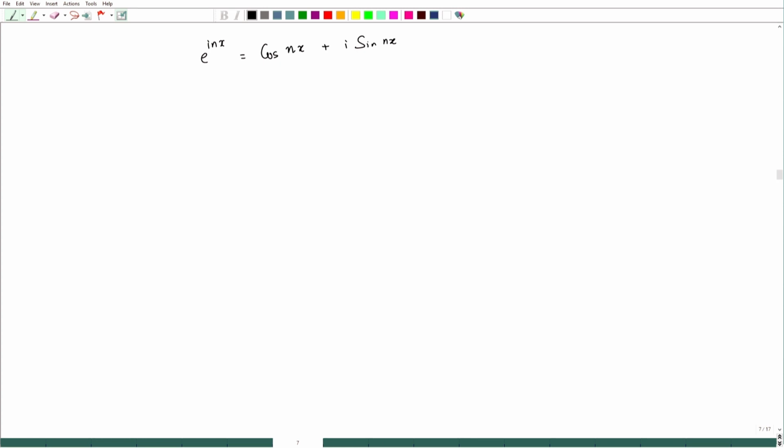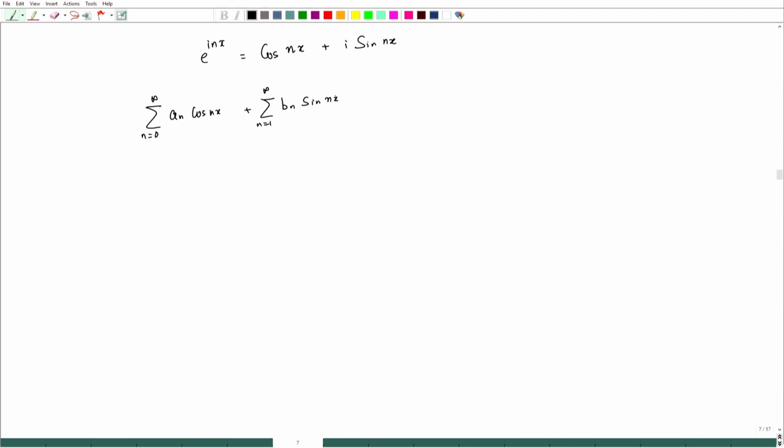And so, now the Fourier series, let me write down: a 0 plus sum n equal to 1 to infinity a n cos n x plus sum n equal to 1 to infinity b n sin n x.